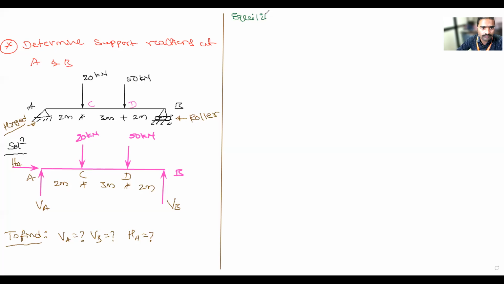Tell me the equilibrium conditions of non-concurrent forces: sigma fx is equal to 0, sigma fy is equal to 0, and moment about a point is equal to 0. Correct? These are the equilibrium conditions for the non-concurrent forces.